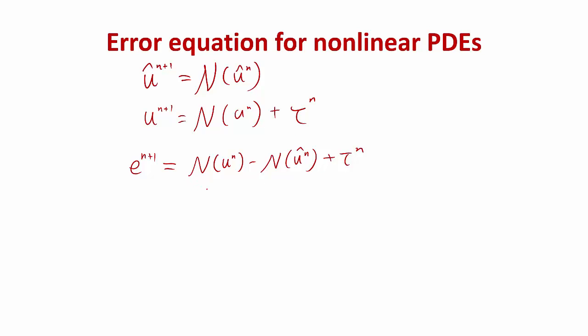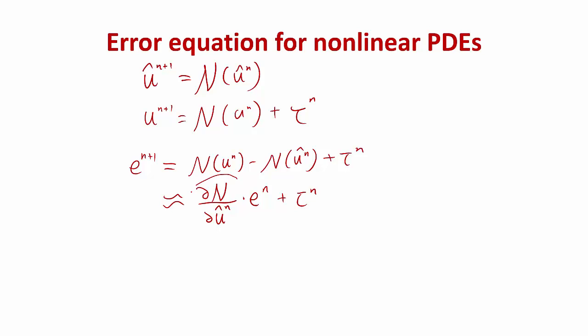Because this is a nonlinear operator, you cannot just say the difference is N operated on e of n. But if the difference between u of n and u hat of n is small enough, you can perform a Taylor series expansion of this N. With the Taylor series expansion, we can approximate this as partial N partial u hat of n times the difference between u of n and u hat of n, which is e of n, plus tau of n.